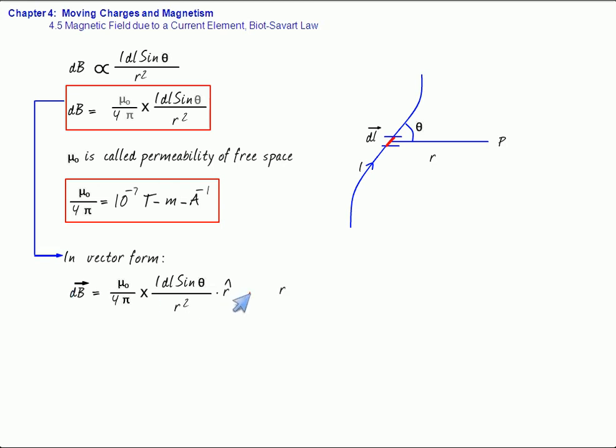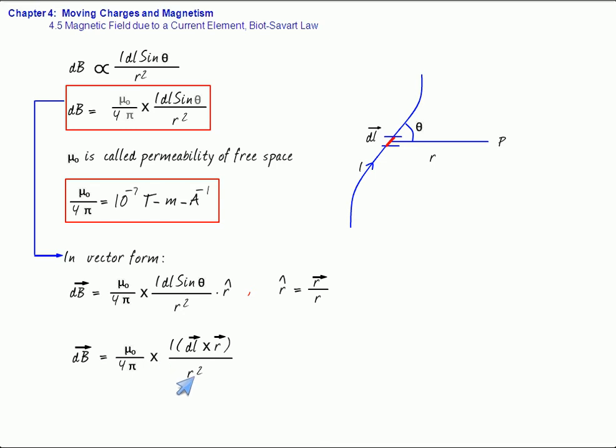Unit vector is vector upon its magnitude. If you substitute this value of r cap, then Biot-Savart law in vector form becomes mu naught upon 4 pi into I, and then dl cross r divided by r cube, right?